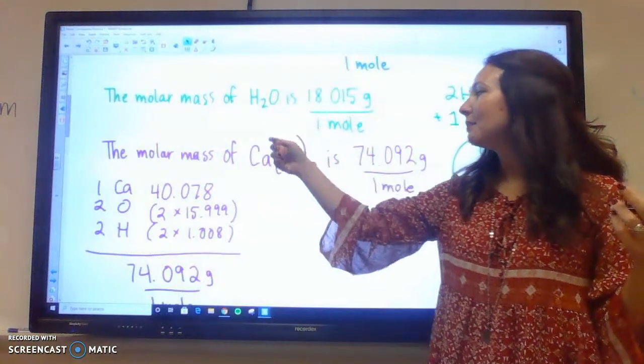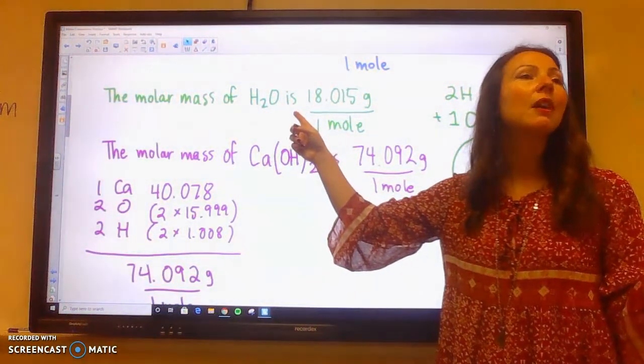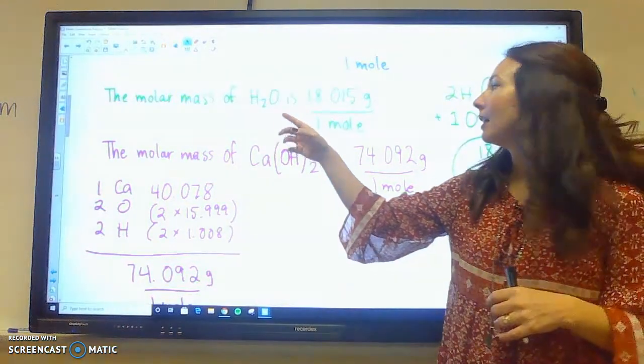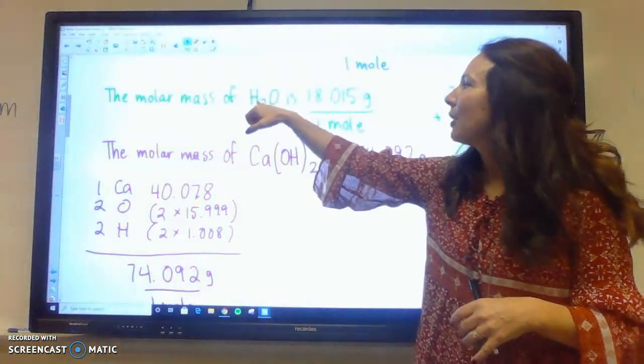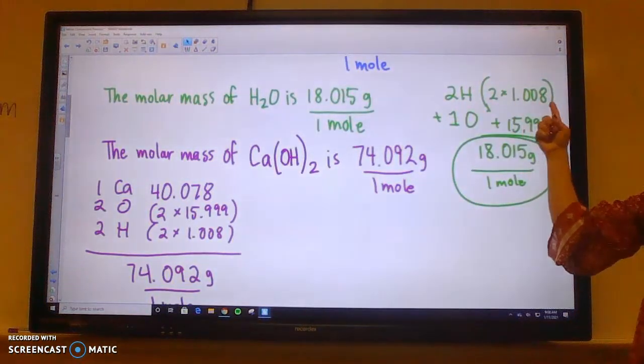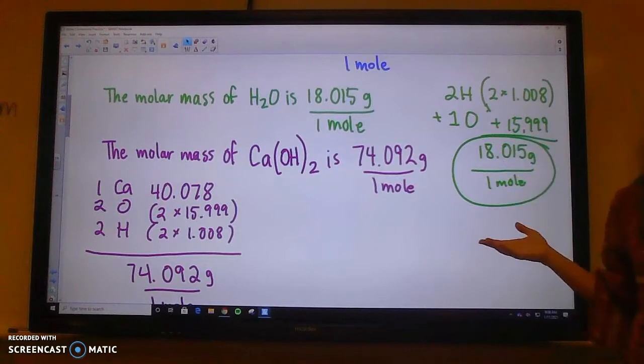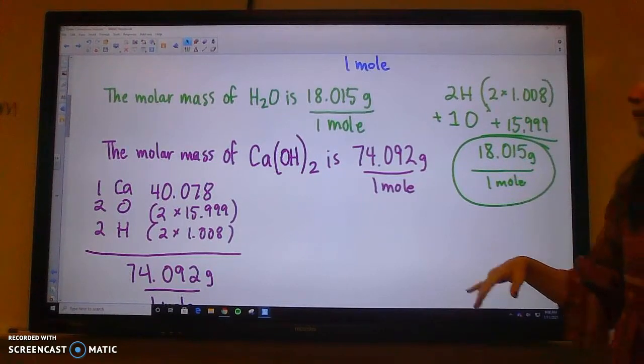Some elements can be a capital and a lowercase letter, but if it's more than one capital letter, then you have more than one element. So this is water. You have 2 hydrogens and 1 oxygen, and you would add 2 hydrogens plus 1 oxygen together to get the molar mass of that entire chemical formula.